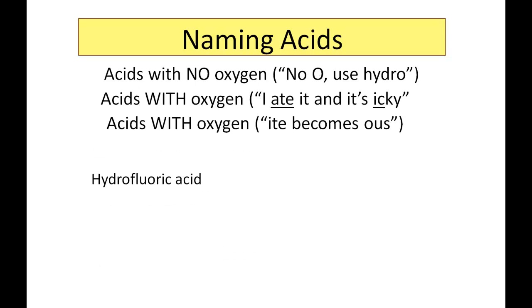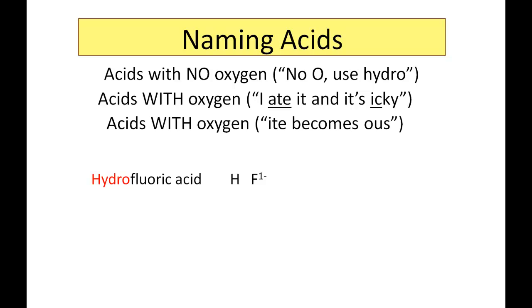So using those three names at the top, we're going to take this name and convert it into a formula. In this first example, hydrofluoric acid, we know that it's going to start with an H and there's no O in this formula. So it's probably going to be hydrogen with a fluorine.